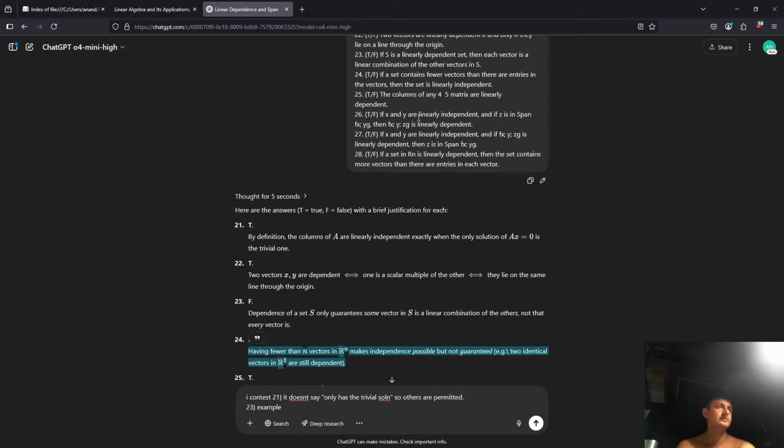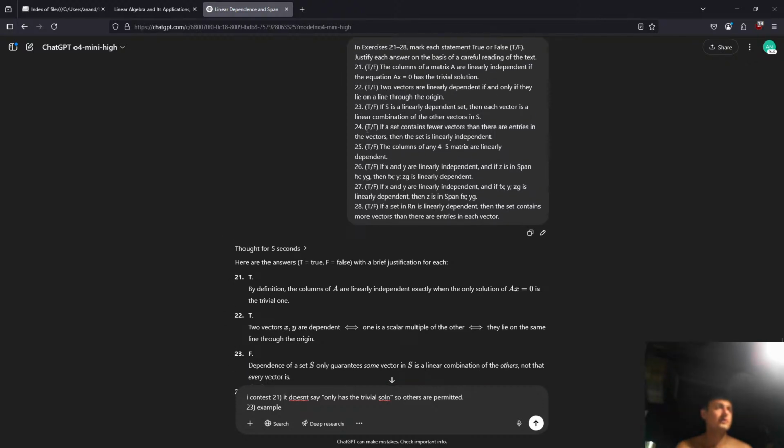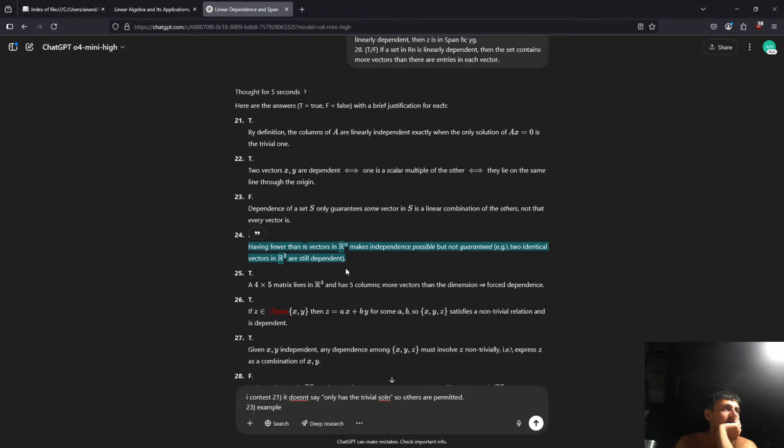What was it? 24: if a set contains fewer vectors than there are entries. So this is the case where variables is greater than equations... no, less than, what the hell? No, that's just false, yeah.